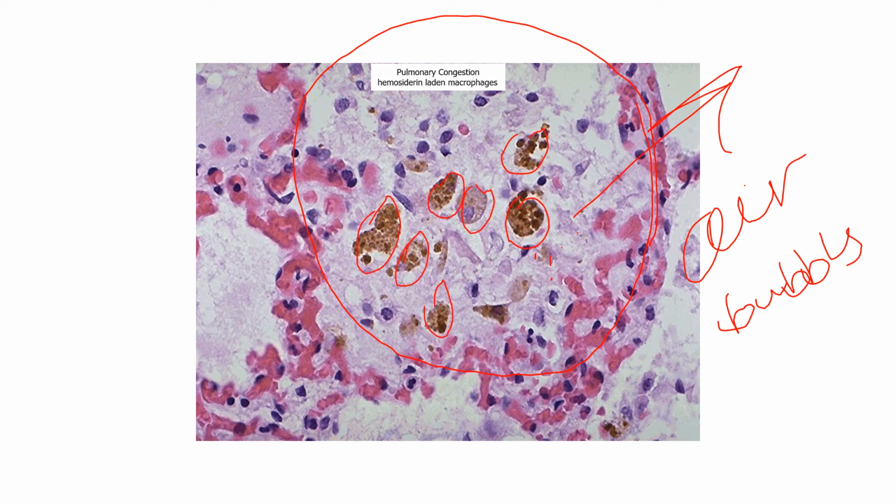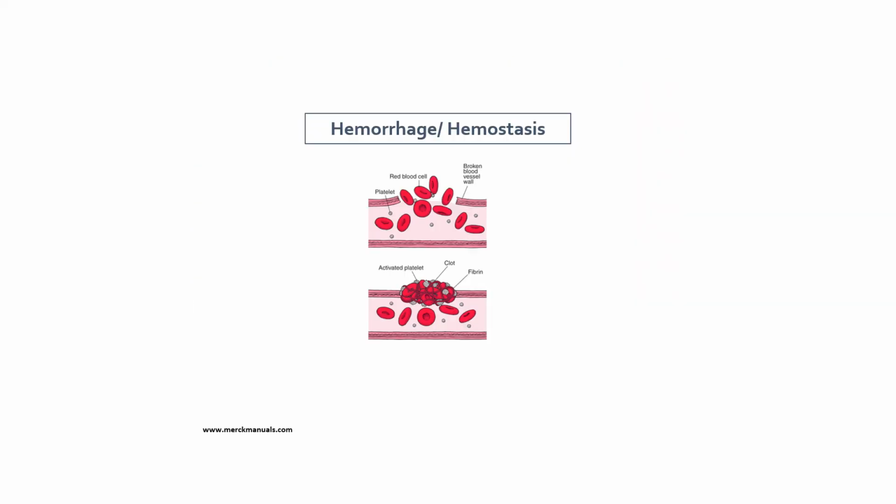You have debris, inflammatory cells, lymphocytes, and red blood cells. Why? Because instead of air, now you have blood and its components in the alveolar spaces. This is pulmonary congestion. Regardless of whether it is active or passive, hyperemia is accumulation of blood within the circulation.